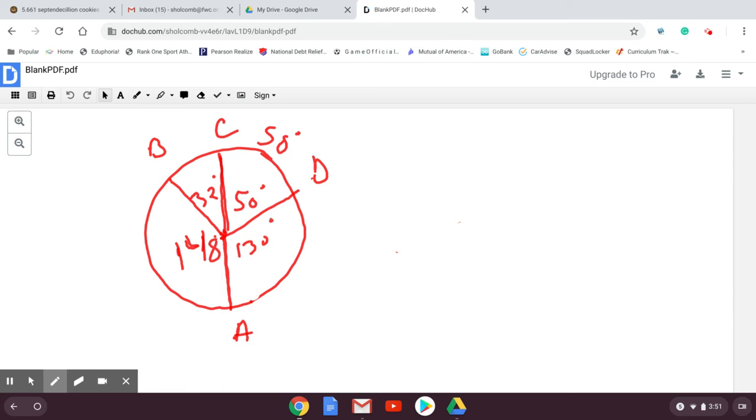So AB is 148. Arc ABC has to be 180 because it's a semicircle. Arc BD has to be the 50 plus the 32. Remember, the arcs are formed by the central angles. So this arc over here is 130 and this is 148.